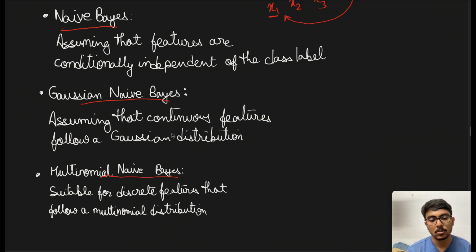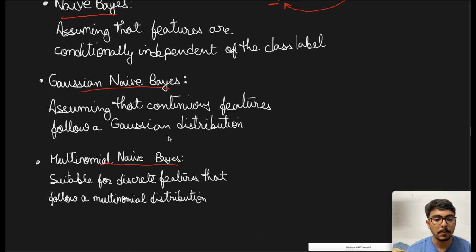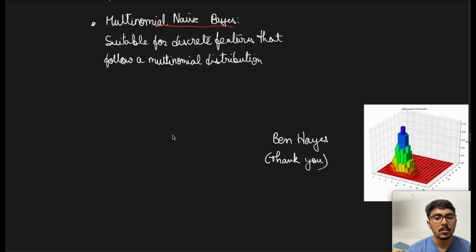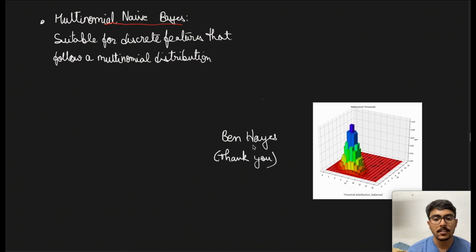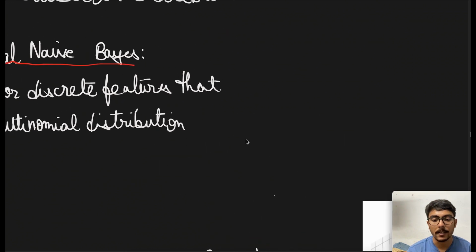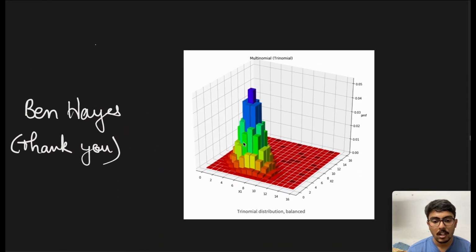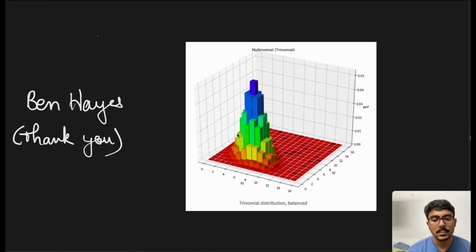No. So I think we can take another example. Shout out to Ben Hayes for this beautiful diagram. Let me zoom in a bit. Right. In this diagram you can see that the values of a particular feature follow a polynomial, but this feature follows a different polynomial, and this feature follows another different polynomial.